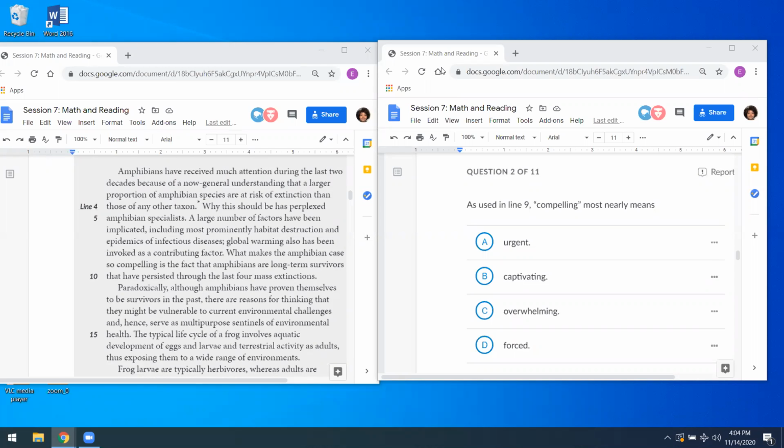So it kind of makes sense that it's urgent that they need to do something about it. Yeah, no, you're right. Because the question is asking us, as used in line 9, compelling most nearly means. I think it's a close call. For the most part, when you're doing your questions during the test, definitely trust your instinct too.